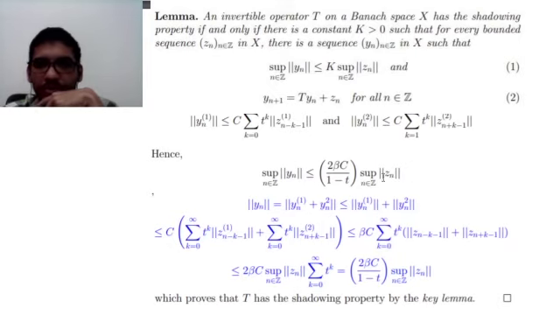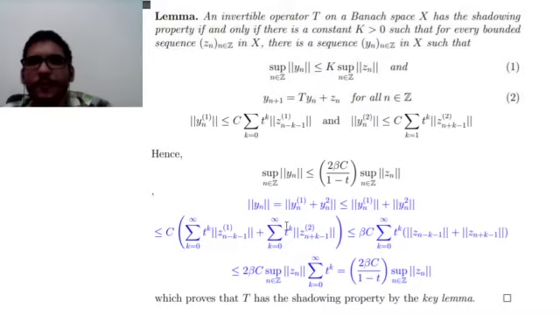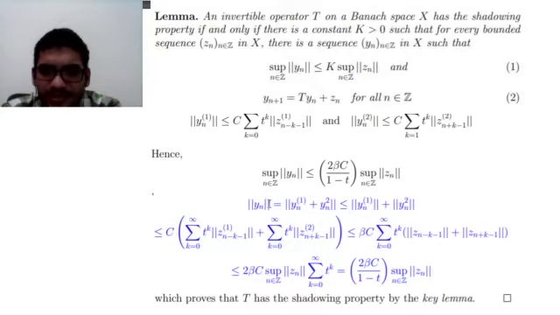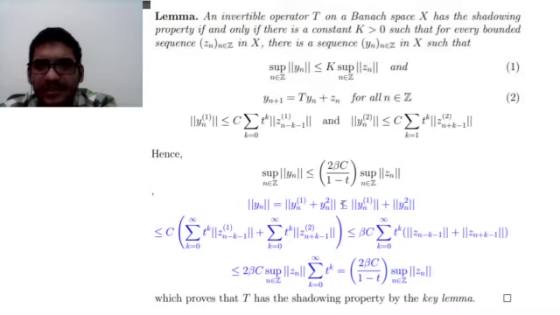So we only need to show now this. And why does this happen? Well, the norm of Yn is equal to this by definition, and this is less than or equal to this by the triangle inequality.